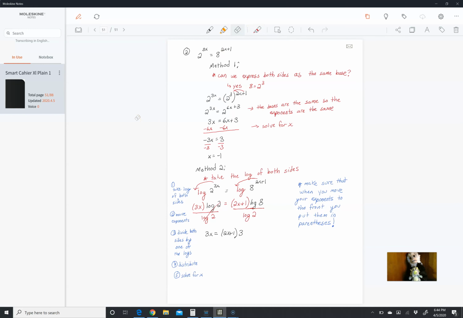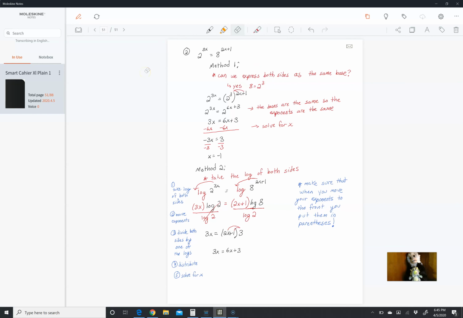So this is what's happening. The 3 is going to get distributed here, because then what we're going to wind up with is a nice simple linear equation. So we get 3x is equal to 6x plus 3. And notice that is exactly what we got up here, okay? So we solve for x.